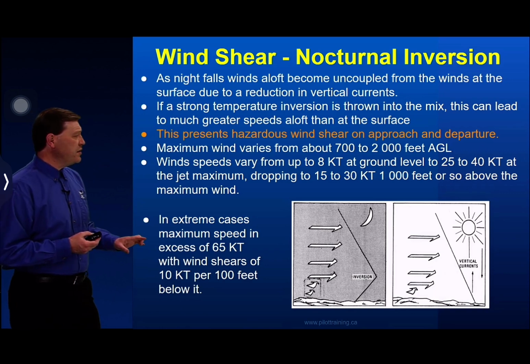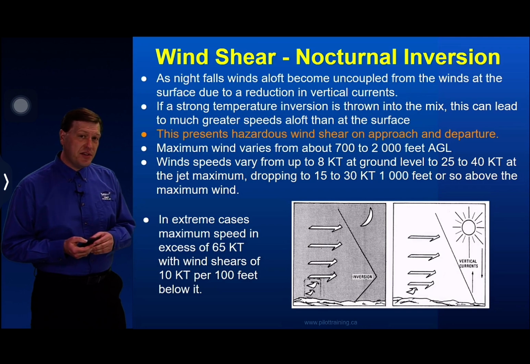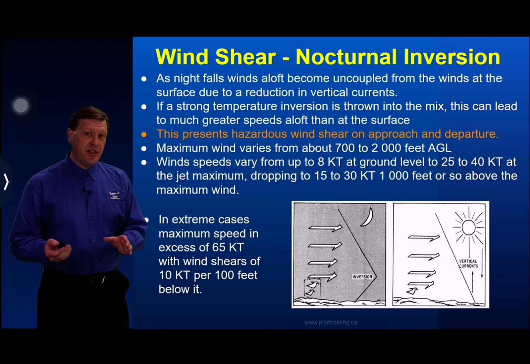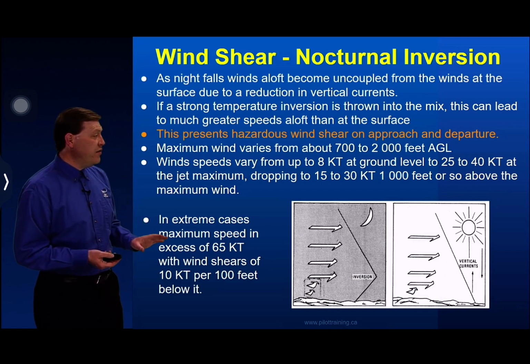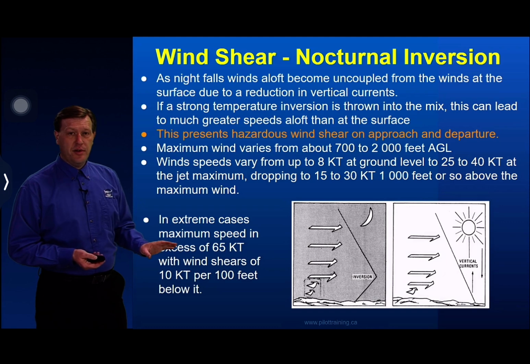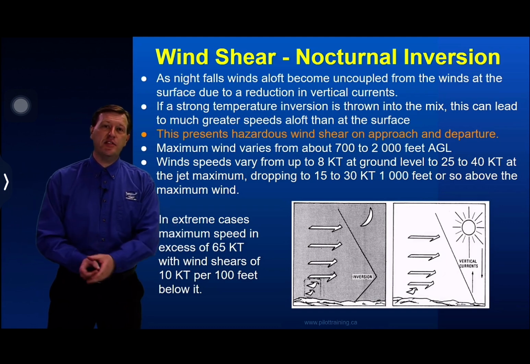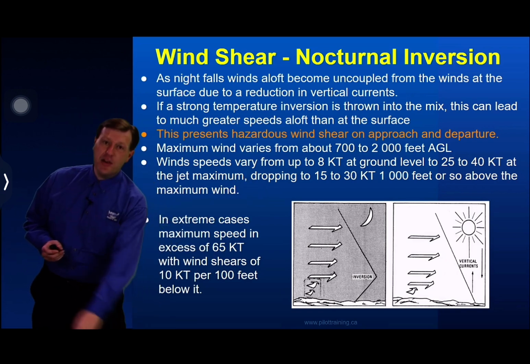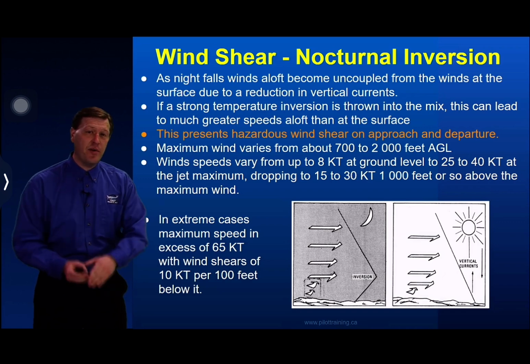Now notice this, in extreme cases, some of these winds have been observed as fast as 65 knots. So imagine you're flying at night and one of these forms. Imagine that it forms at a very low altitude. So you're coming in at night, everything looks good on your approach, and all of a sudden it seems like the world drops out from below you because your airplane goes down, not at a rapid speed, but it goes down at a rapid rate.